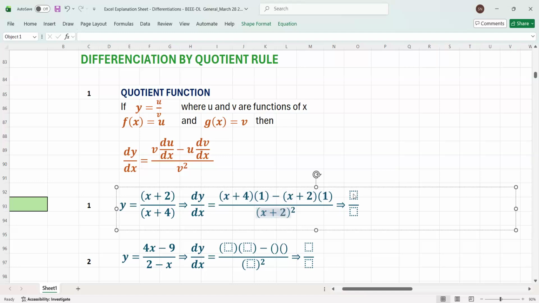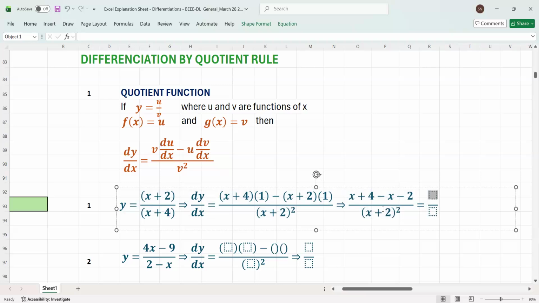Now let's expand the numerator. So we are going to get x plus 4 minus x minus 2. I hope you know that when I open the brackets, this plus will become minus. Now the denominator will still remain x plus 2 all squared. Okay, so what will be my numerator now?